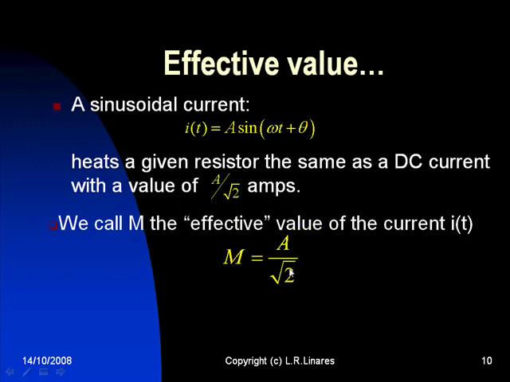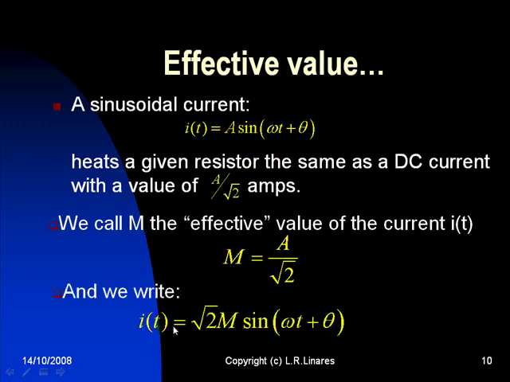And from now on, in power, we write this sinusoidal current i of t rather like this. i of t is root 2 times M sine, etc. So we explicitly write the RMS value of the sinusoidal current in our expressions most of the time. Root 2 times the RMS value of the current. That's the way we're going to write the amplitude.